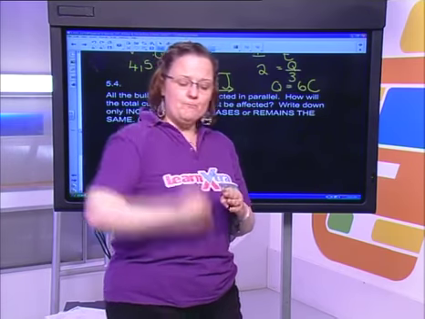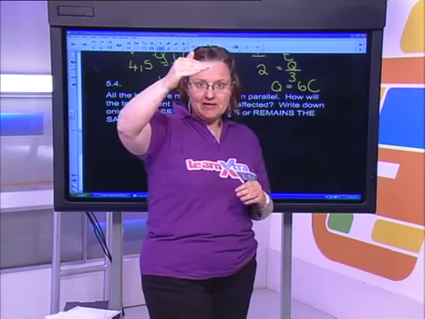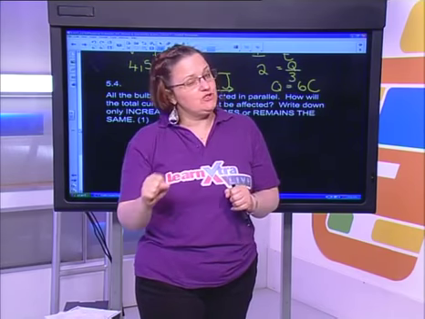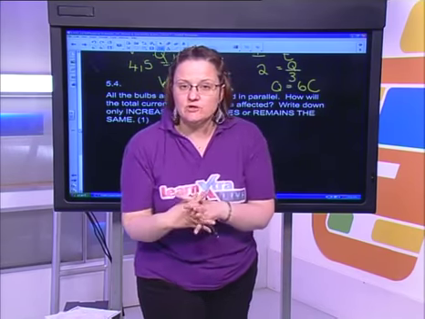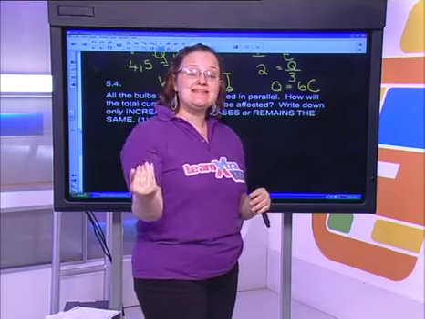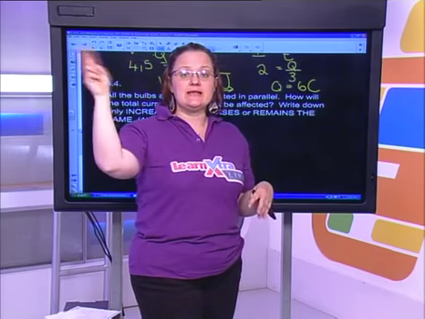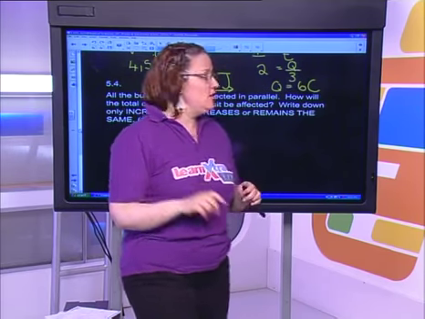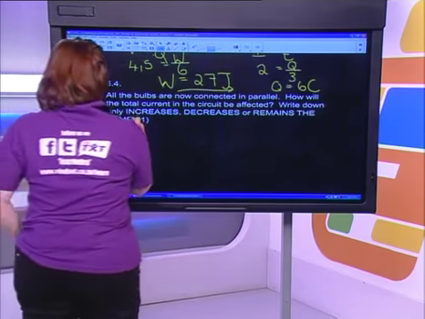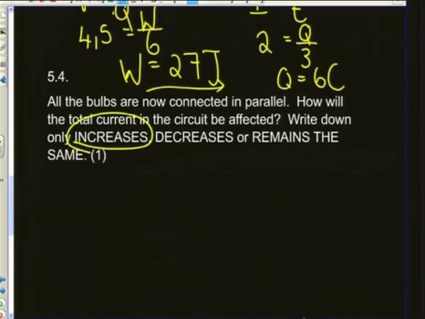The more resistors you have in parallel, the smaller the resistance in total. If you have a small total resistance, you have a greater current. Current gets bigger because the voltage stays the same from the cell. So my answer here would be that your current increases. Very important.